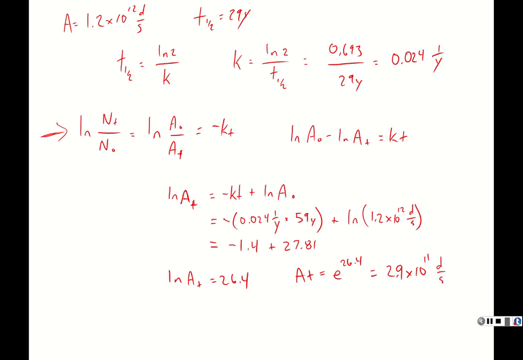Okay. So now, what is the fraction of that from what we started at? If we take A naught minus A at time t divided by A naught, what we started at, what's that fraction? So we started at 1.2 times 10 to the 12th minus 2.9 times 10 to the 11th divided by 1.2 times 10 to the 12th.